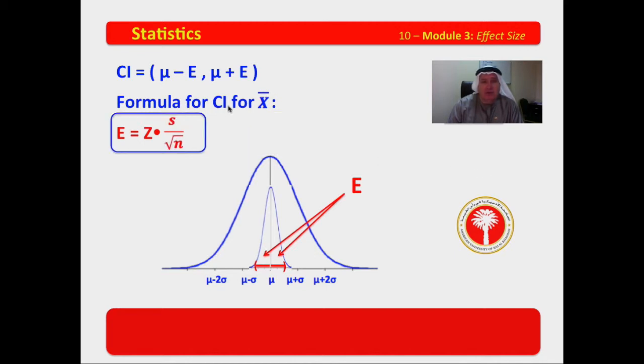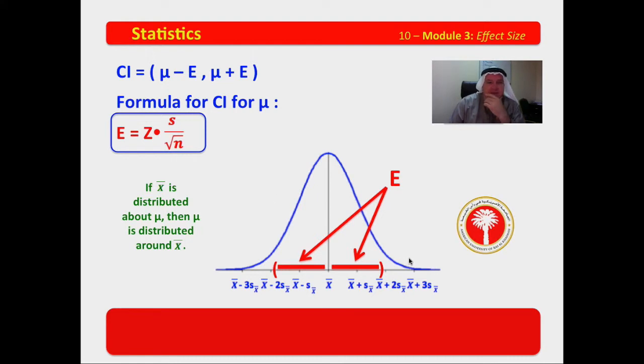So a formula for the confidence interval for X bar: E will be equal to the z-score, that's for your confidence level, 95%, 90%, 85%, 70%, 99%, whatever you want, your confidence level determines the z-score, times S over the square root of n. And S divided by the square root of n is the standard deviation of the X bar distribution.